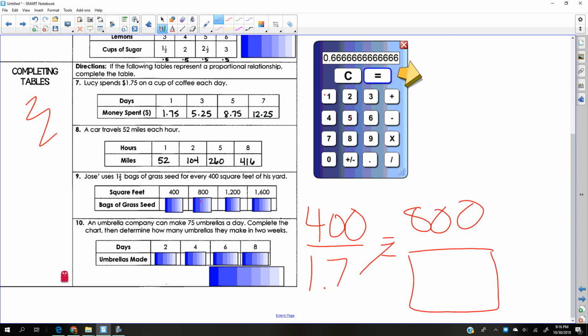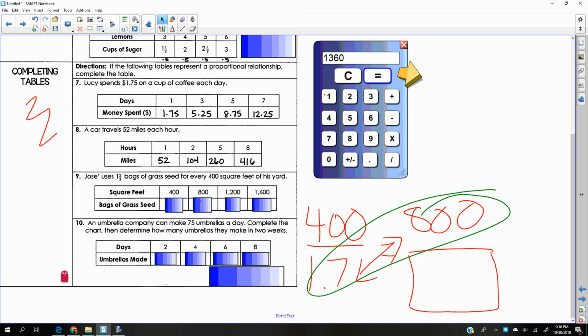So what we're going to do is we're going to cross multiply. So we will do 1.7 times 800 equals 1360. Then we take the answer to this after we multiply it, which is 1360, and then we divide it by what's left, which is 400, and we get 3.4.